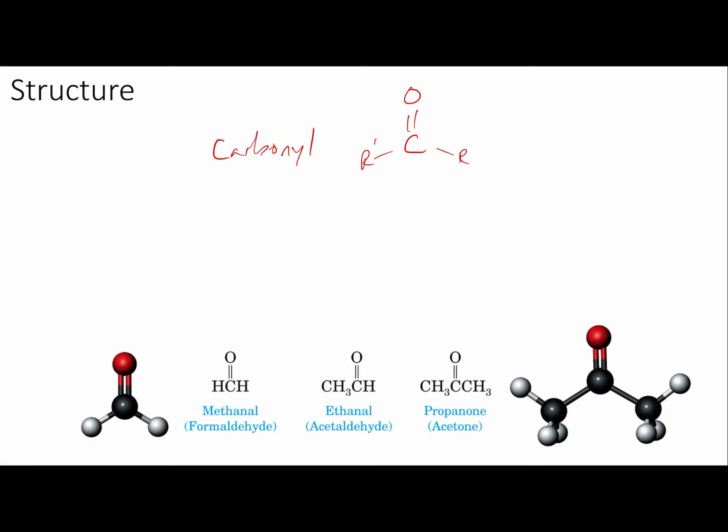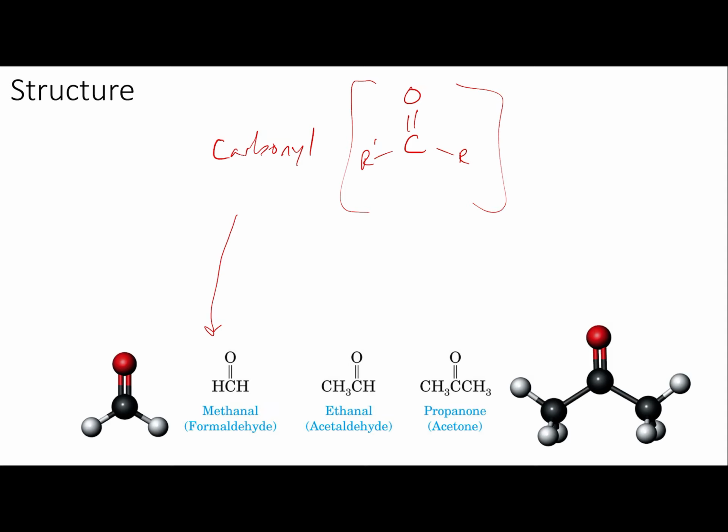Now in methanal, actually the simplest of our aldehydes, or we call it formaldehyde also, the carbonyl group is actually bonded to two hydrogens. So both of the R groups in my little example here would both be hydrogens. Now in other aldehydes, it's only bonded to one hydrogen and to one other carbon group.